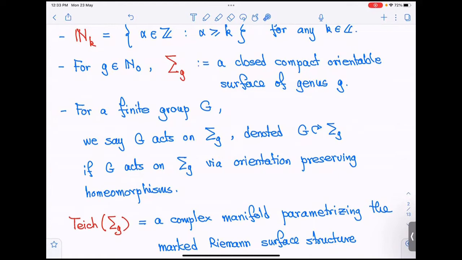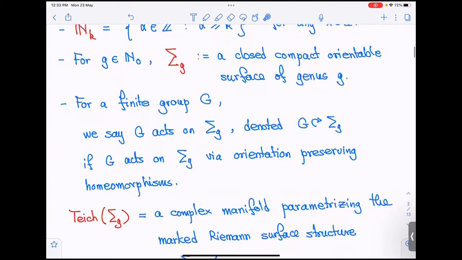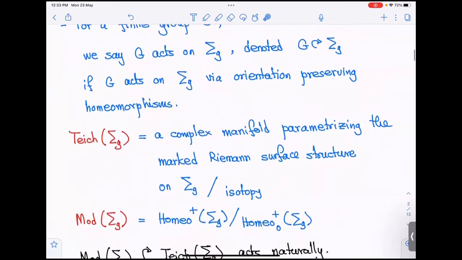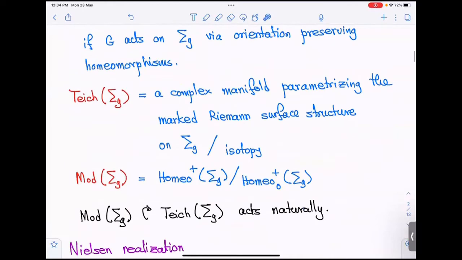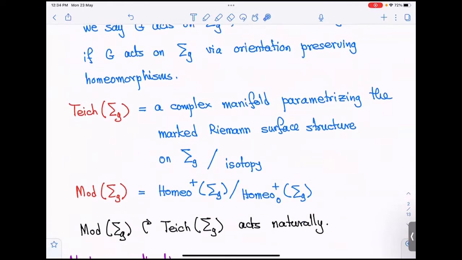For g equal to 0, it's a sphere. For g equal to 1, it's a torus, and for arbitrary g, it's the join of g many tori together. Okay, so one of the results of Nielsen was as follows.